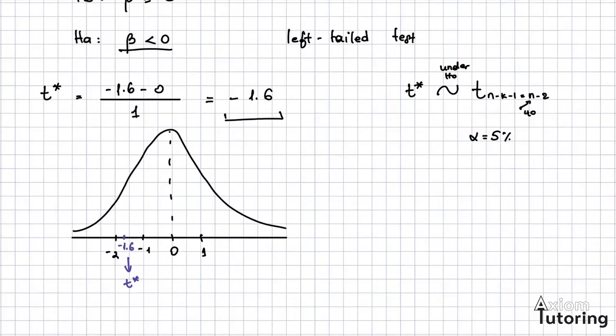Now, for a left-tailed test, the p-value is the probability of observing a t-statistic less than or equal to minus 1.6 if the null hypothesis were true. So visually, it is the area on the left tail beyond minus 1.6.